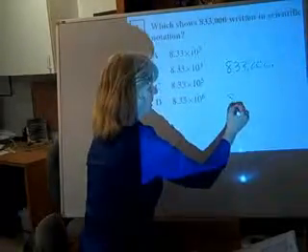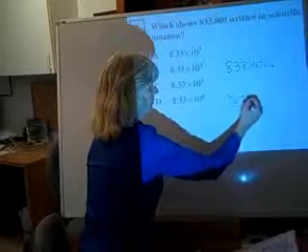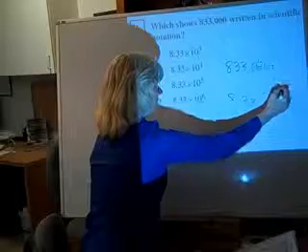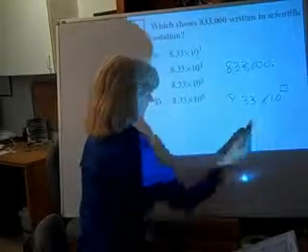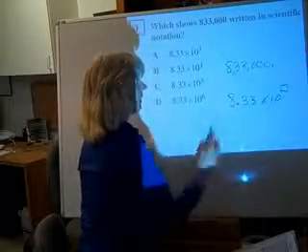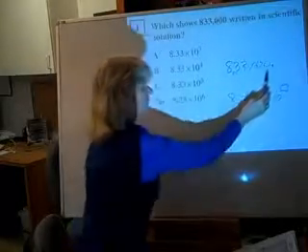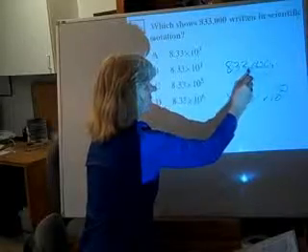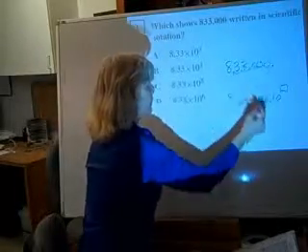To write this as 8.33 or 8 and 33/100ths times 10 to the something, we've got to move the decimal point from here to there. So in doing that, we're moving the decimal point to the left 1, 2, 3, 4, 5 times.